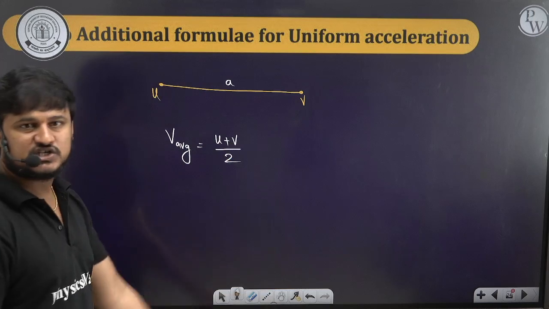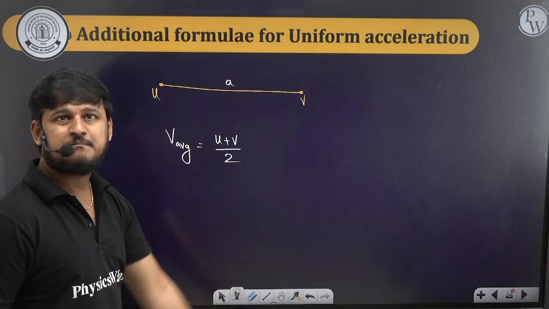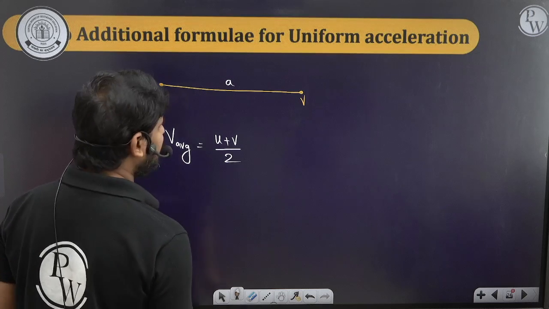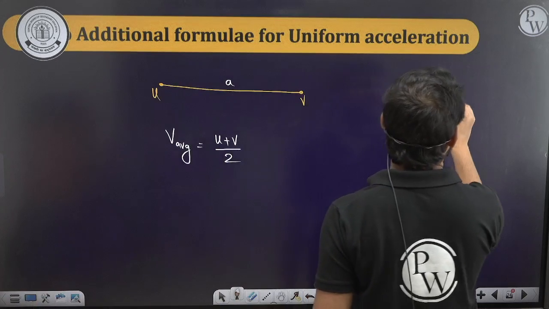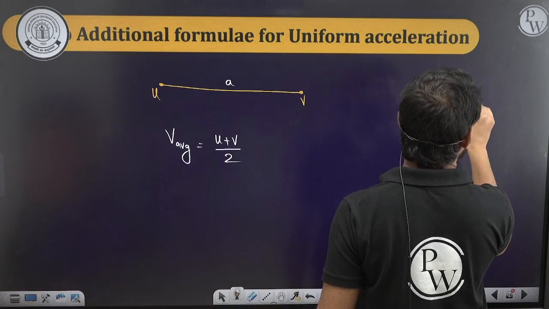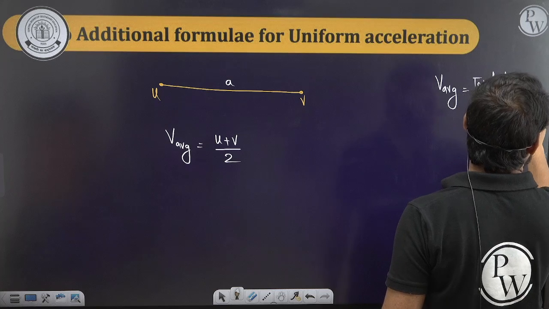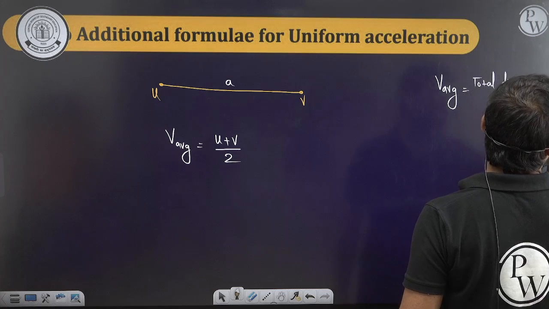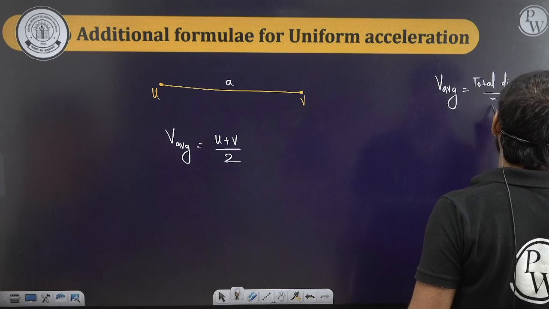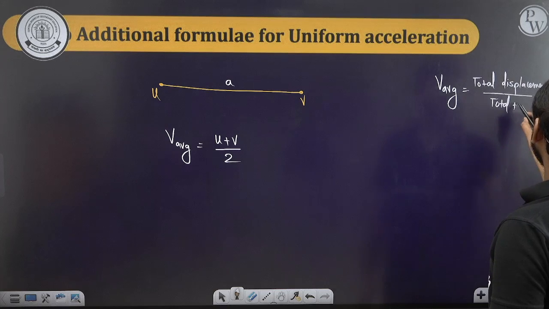Now we already know that V average is equal to total displacement by total time. Understand carefully here.